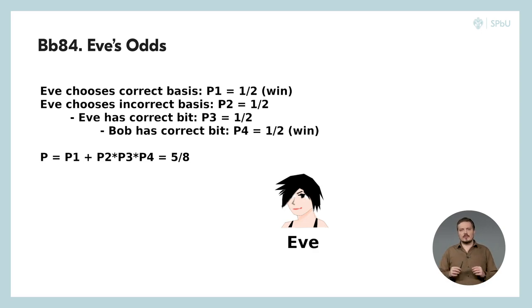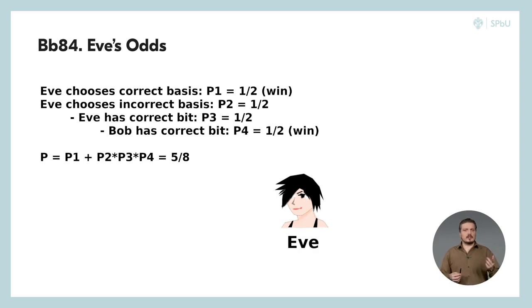In the first case, which has the probability 1/2, Eve wins for this photon, and she has exactly the same random bit as Alice and Bob. In the second situation, the probability of which is also 1/2, Eve also can win if she randomly obtains the same bit encoded by Alice.